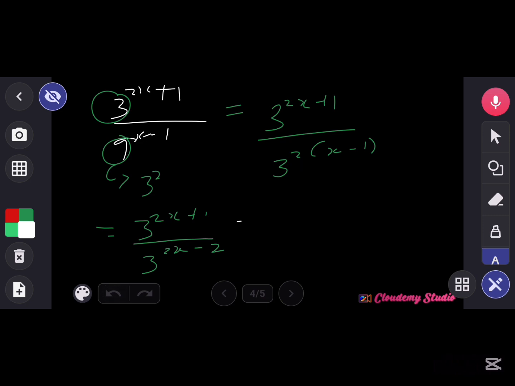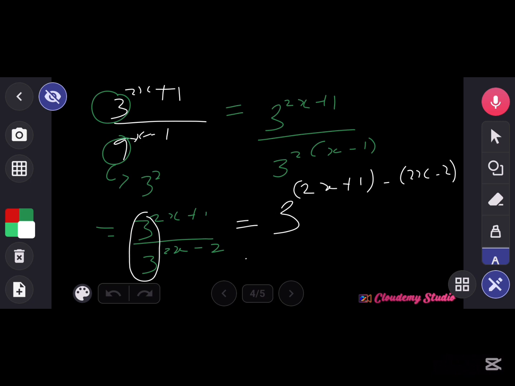Now we are going to say we have the same base. Look at it, and remember that a^m divided by a^n equals a^(m minus n), right? Therefore we can say, since we have 3 here, we are going to take only one of the bases, which is 3. Then we can say 2x plus 1 minus (2x minus 2).